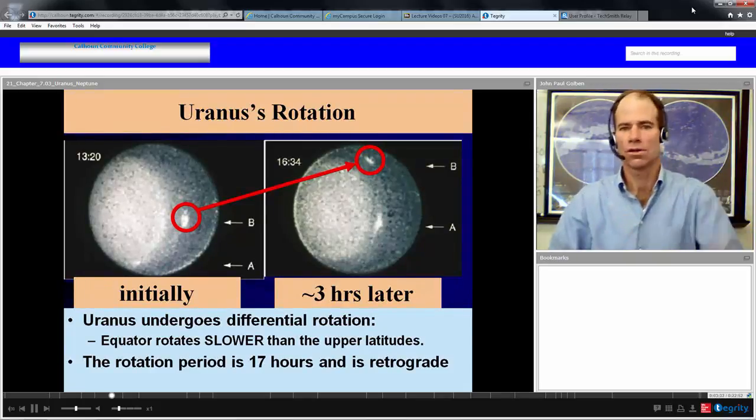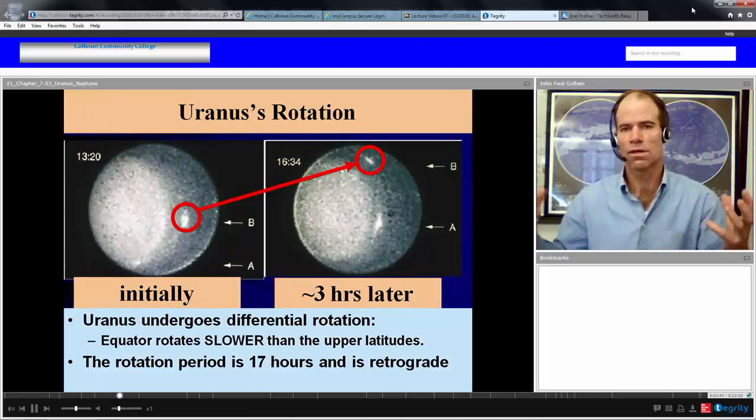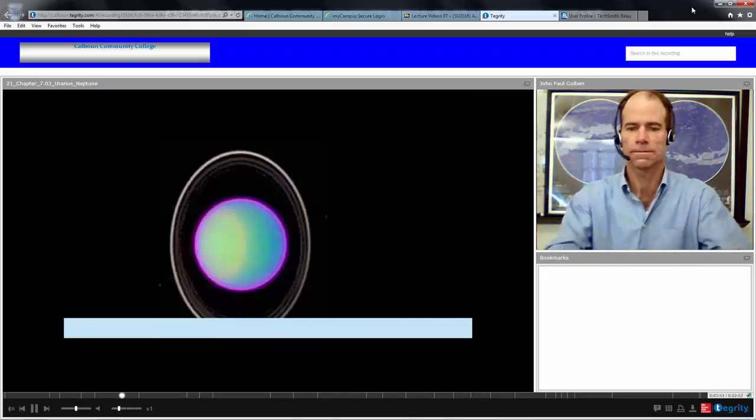So Uranus is rotating retrograde, 17 hours for one full rotation, which is faster than the Earth, but slower than Saturn and Jupiter. And also the equator is slower than the poles, which is the opposite of what we found for Saturn and Jupiter.